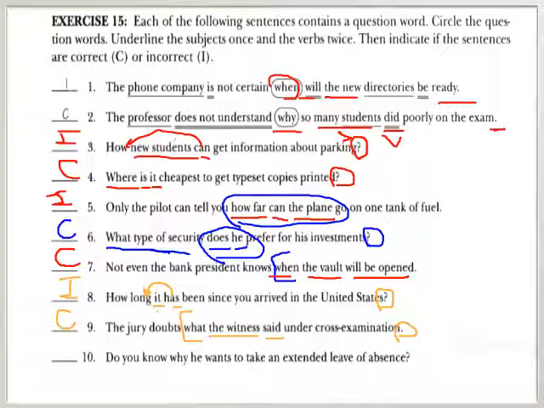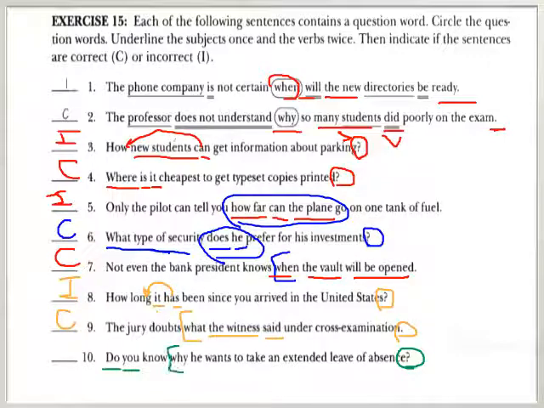Now the last sentence. Do you know why he wants to take an extended leave of absence? Fine. Firstly, this is a question. Okay, and normally the inversion of a question comes at the beginning. So, do you. Okay, so it is inverted. We have do comes before you. Fine.